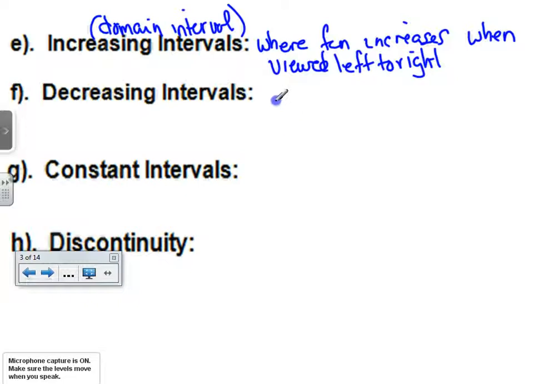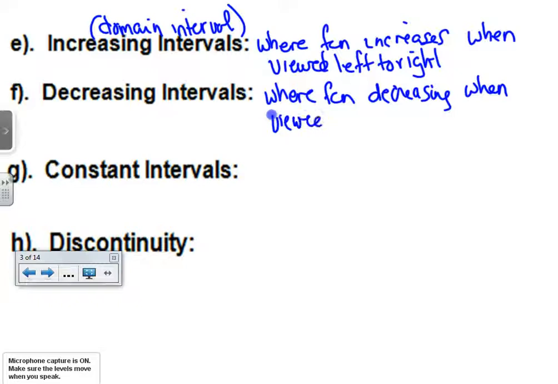And then decreasing intervals would be where the function is decreasing or going down from left to right. And again, seeing an example of it, it's a little easier to understand.